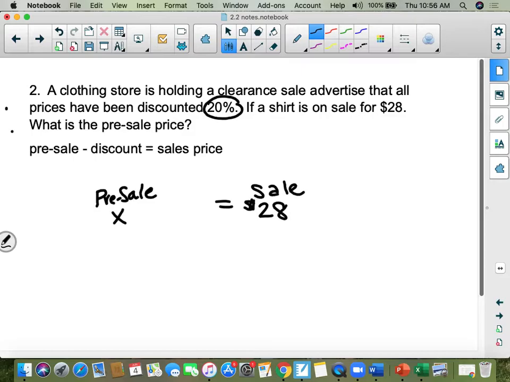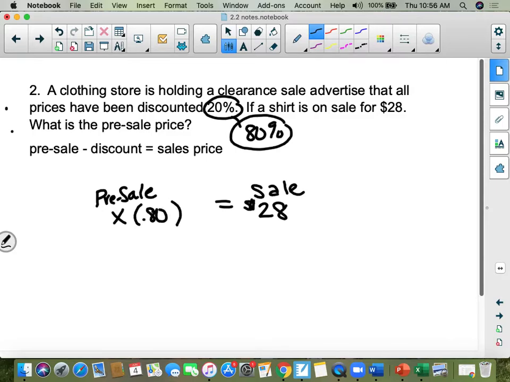If it's discounted 20% off, I don't use the 20%. 20% and 80% has to add up to 100%. So instead of saying that it's discounted 20% off, I use the 80% in my problem.